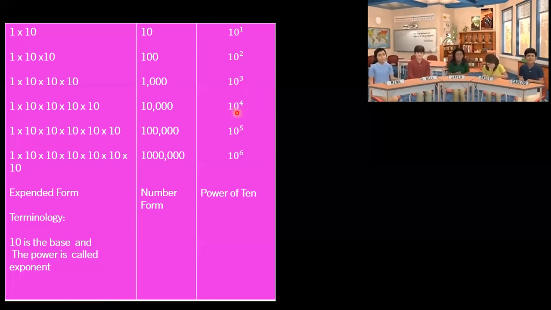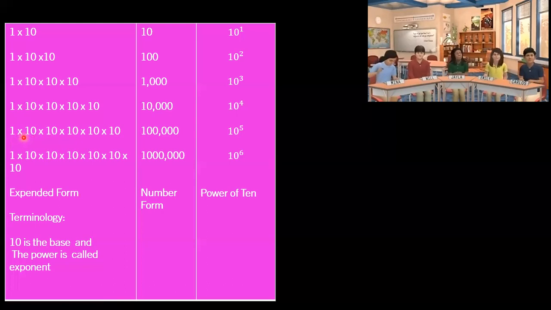So 4 just means that we multiply 10 times 10 times 10 times 10, 4 times, which is equal to 10,000.